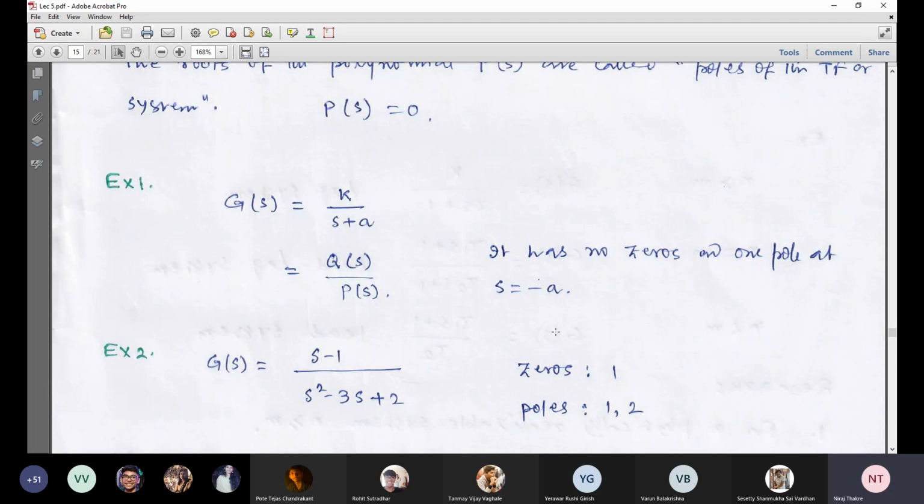Similarly, we have taken another example.